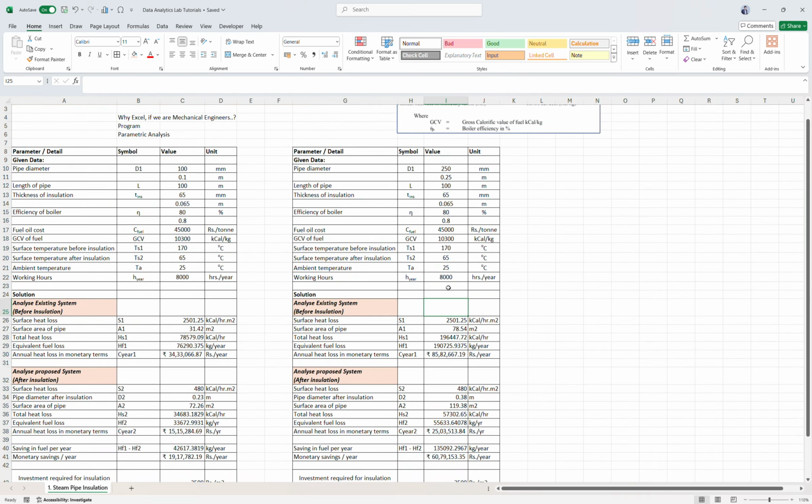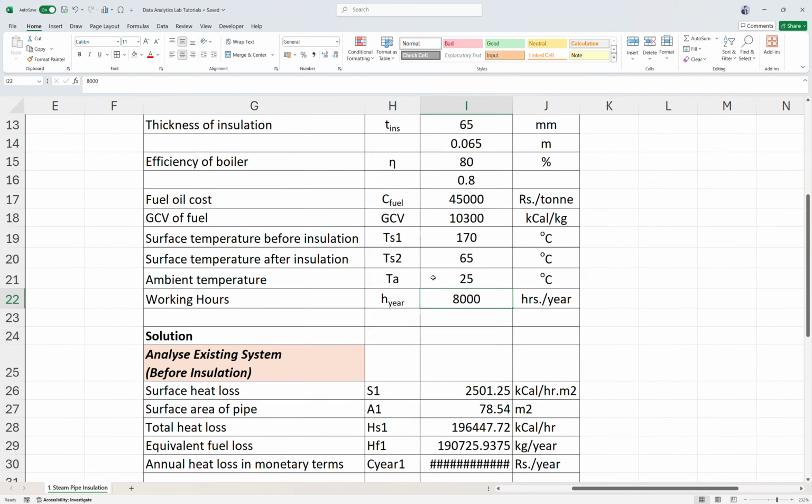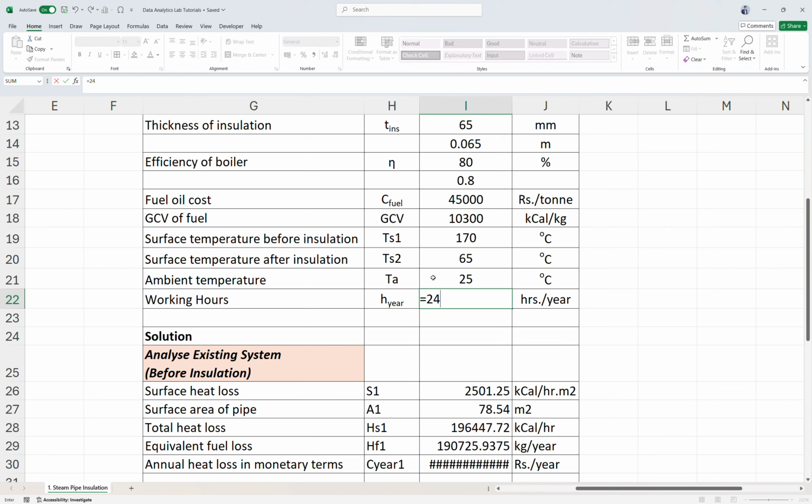If some plant is working for 300 days a year, then the operating hours become equal to, give me a second, I will zoom it in, 24 hours it is working, but only for 300 days. How is it 300 days? There are 365 days in a year. If we consider 52 weekly offs, either Saturday or Sunday, those are eliminated.